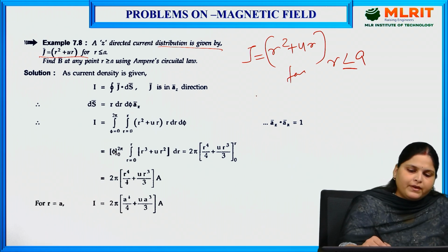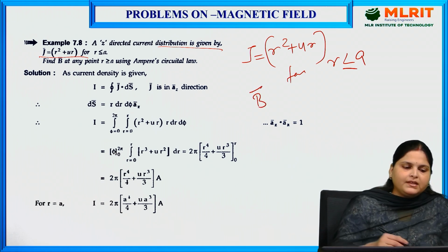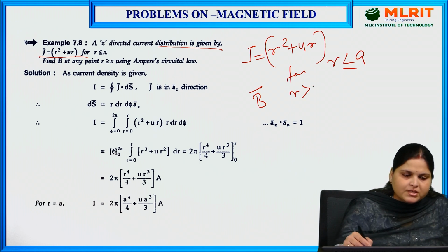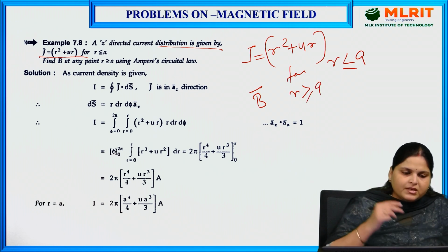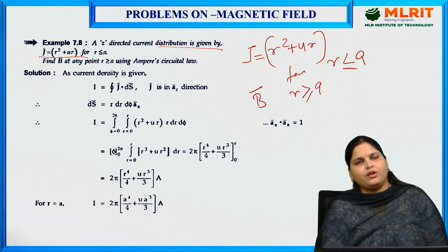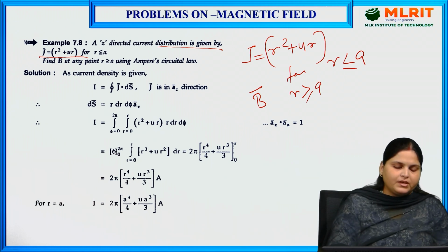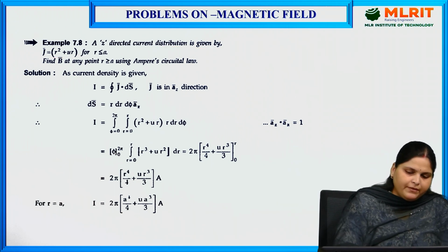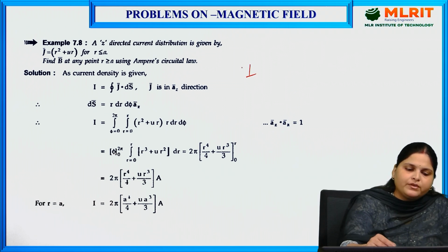Here we have to find the flux density at any point r greater than or equal to a. Here also we have to use Ampere's circuital law. Again, we are going to use the same formula as in the previous question.